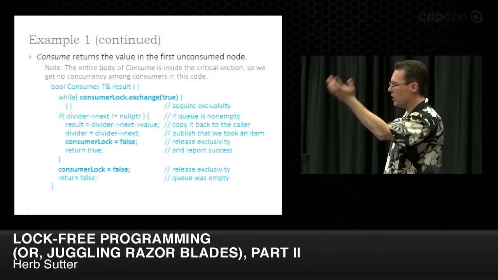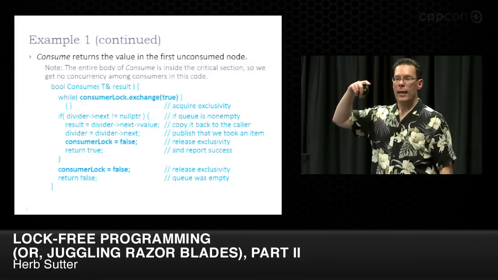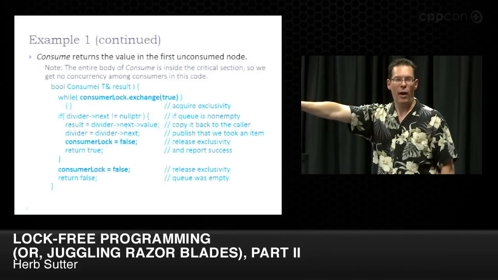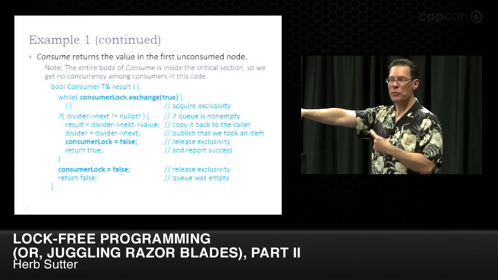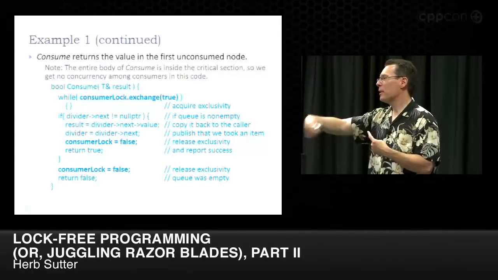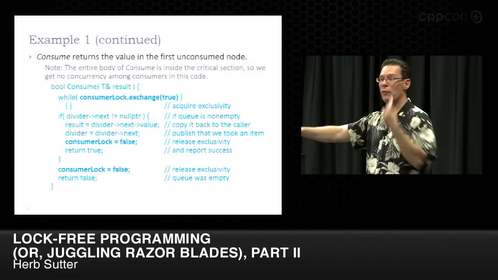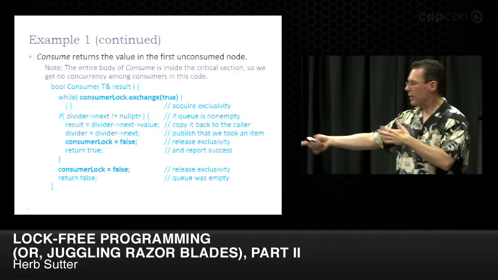The way I do that is I spin in a while loop on exchange true. I'm going to write the value true to the lock variable, and it's going to return me the old value. If the old value was true, well, I redundantly set it to true and somebody already had it, so I'll spin again. But if the old value was false, then I got to be the one to change it from false to true.